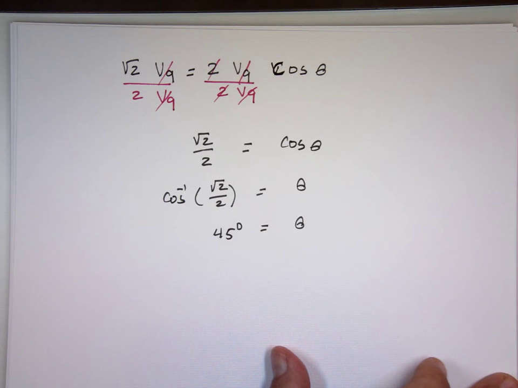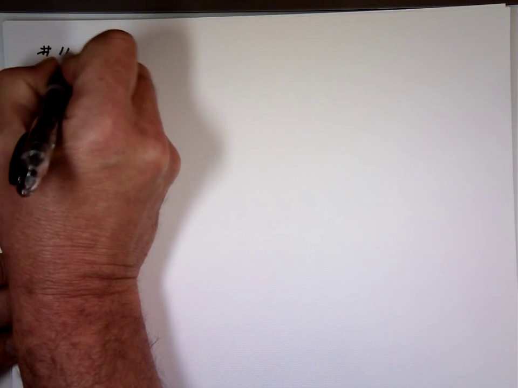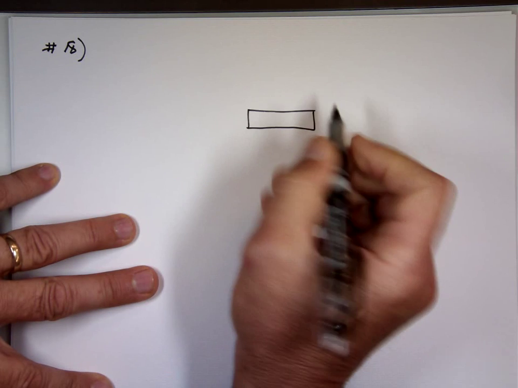And the last question, number 18. We have 3 identical bricks, same length. The other one sits on top of it.